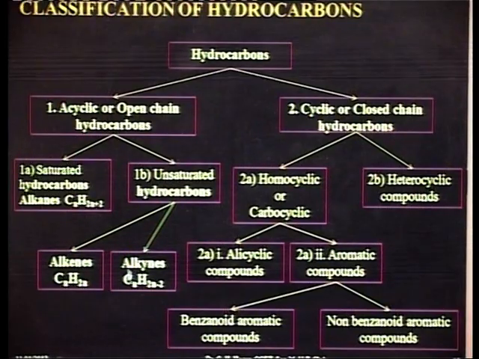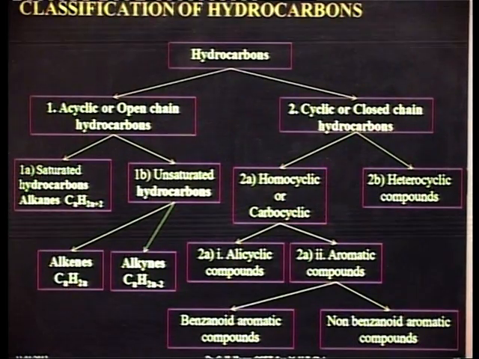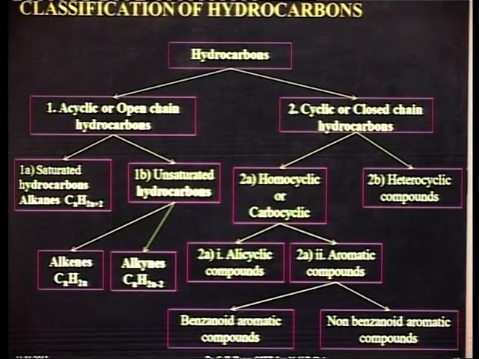Both of them are unsaturated because the 4 valency of at least 2 adjacent carbon atoms in a hydrocarbon chain is not fully satisfied. They are forced to satisfy themselves by formation of a pi bond, which we have seen in the last slides.